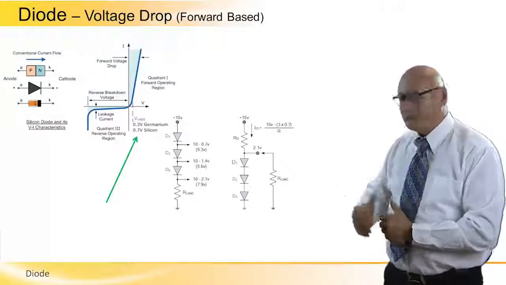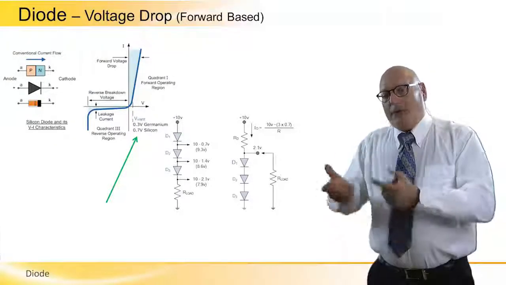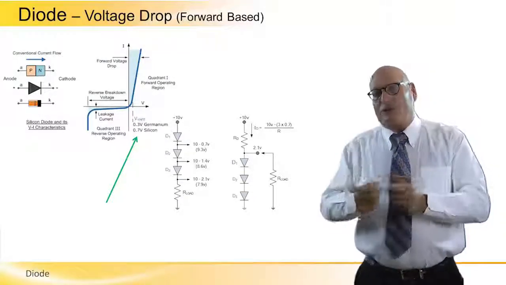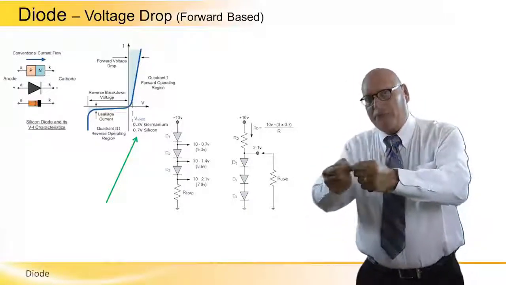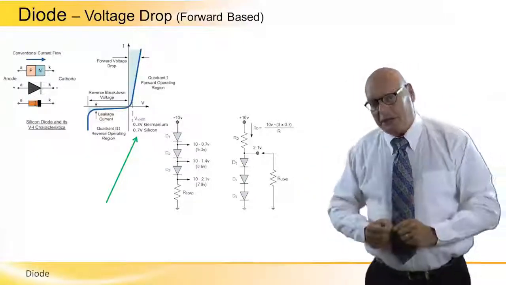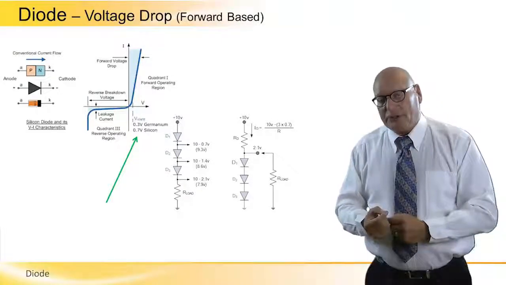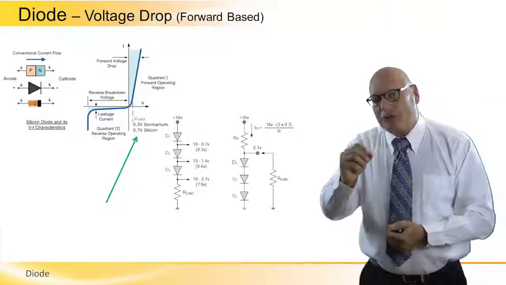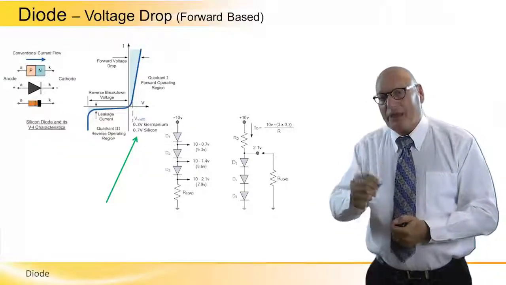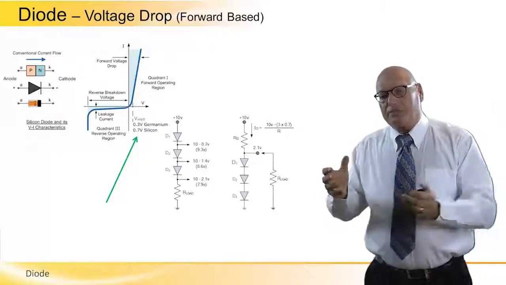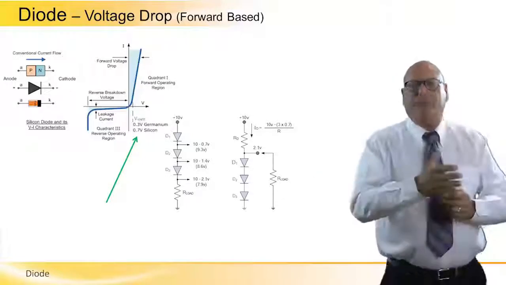However, in quadrant number 3, because we need the anode to be at least 0.7 higher than the cathode, when we reverse it, there's just a leakage current that flows through, even at very negative voltage.